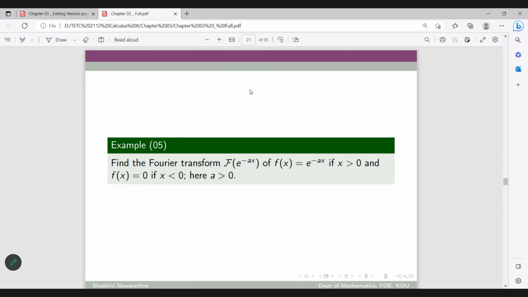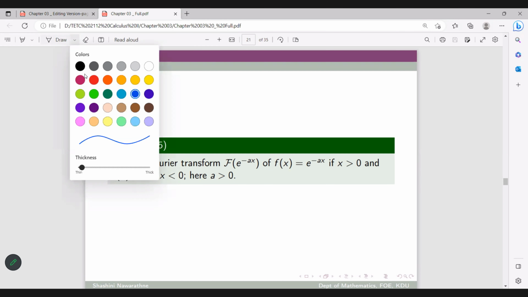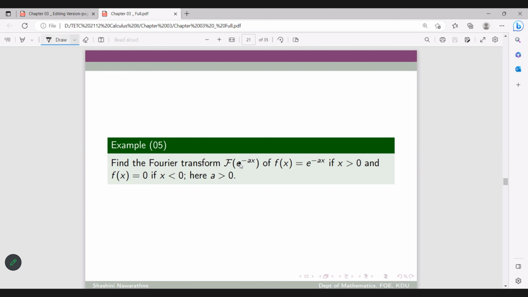You are asked to find the Fourier transform of e to the power minus ax. So f of x is equal to e to the power minus ax. It should be the Fourier transform of this thing, and f of x is 0 otherwise.